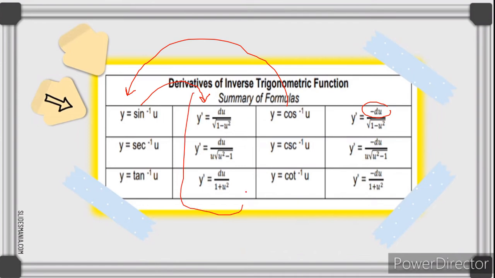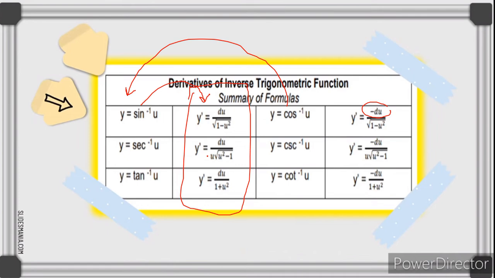Kung titignan ninyo, parang tatlo lang yung i-memorize ninyo. Ito lang itong left side na to. Kung memorize mo yan, basta alam mo yung secant to cosecant, that is negative. And tangent to cotangent, di ba? Sine, partner niya si cos. Secant, partner niya si cosecant. And tangent, partner niya si cotangent. Okay?